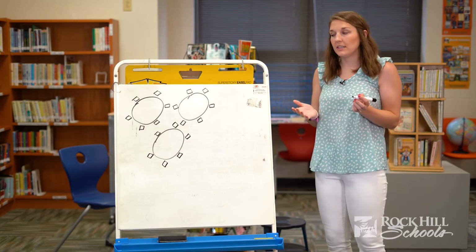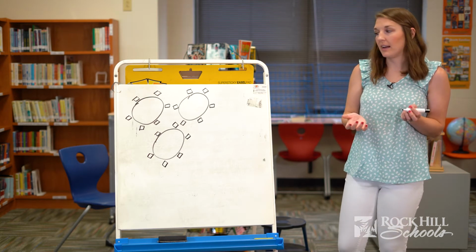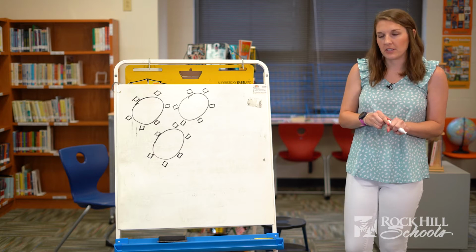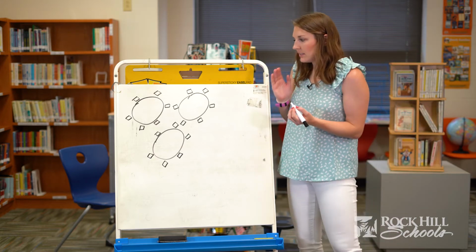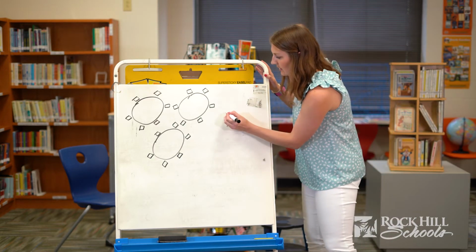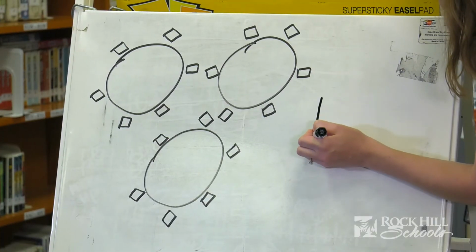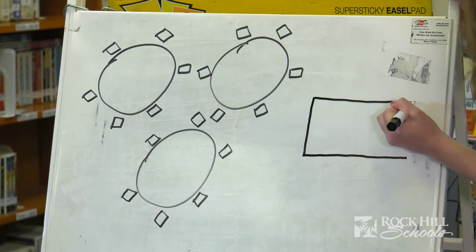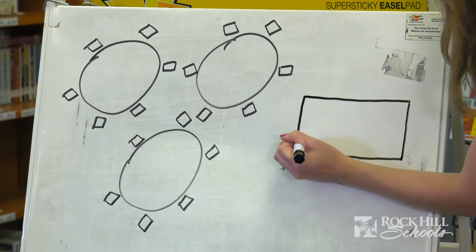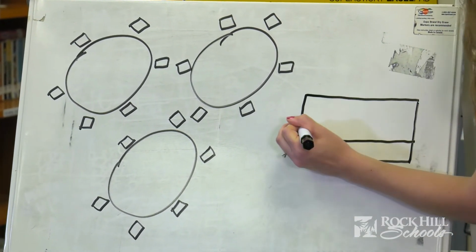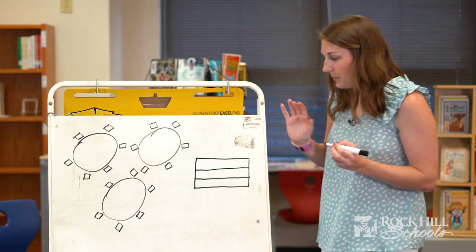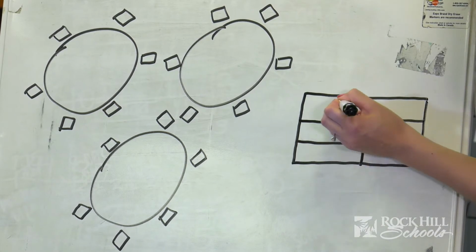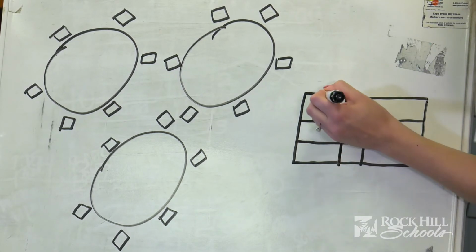All right, so these weren't arranged in an array, but they were arranged in equal groups, so we can take that information and we can create our own array. So we are going to take 3 rows, because we had 3 tables, and then we had 6 at each table, so we are going to split it into 6 for each row.